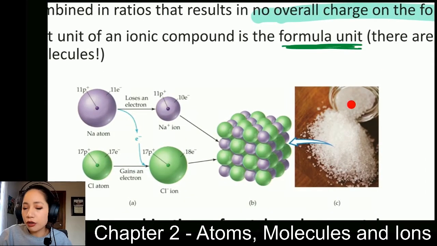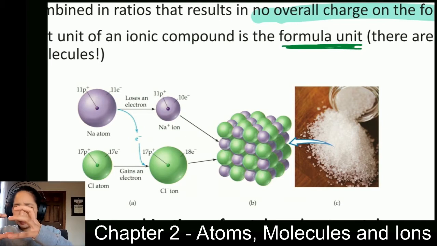The table salt that you have in your kitchen is actually composed of this crystalline structure, like a bunch of ping pong balls sandwiched together in an array where we get alternating sodium and chloride atoms with one another.